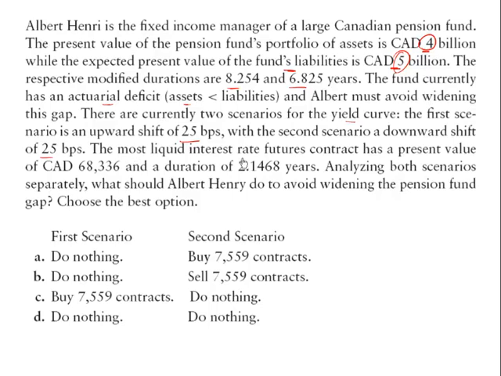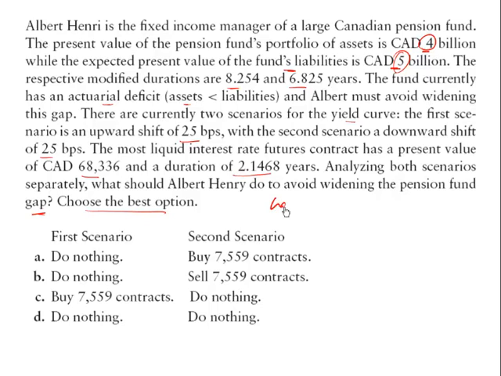The most liquid interest rate futures contract has a present value of 68336 and a duration of 2.1468 years. Analyzing both scenarios separately, what should Albert Henry do to avoid widening the pension fund gap? Choose the best option.